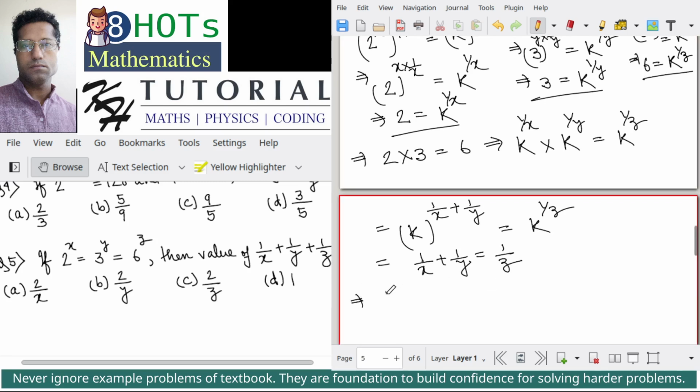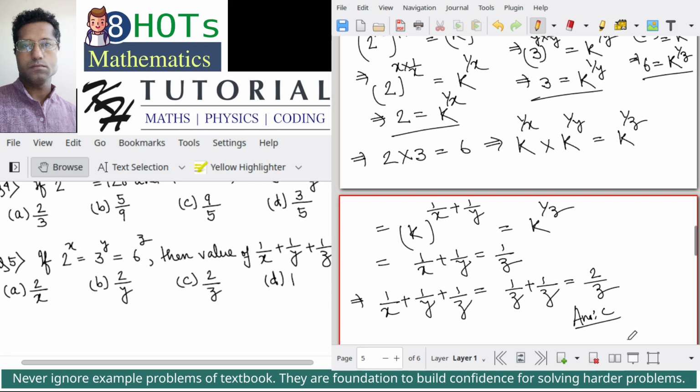So this implies that 1 by x plus 1 by y plus 1 by z will be equal to 1 by x plus 1 by y, which we will replace with 1 by z. After simplification this becomes 2 by z. So the correct choice is C. 1 by x plus 1 by y plus 1 by z is 2 by z.